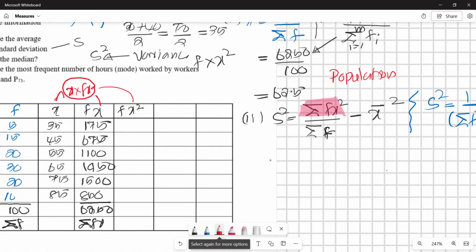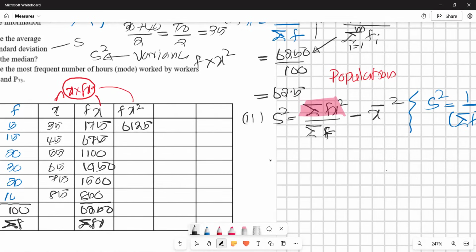So using the calculators, we have to form that. 35 into 175. This is 6125. Please check my calculations. 45 into 675.